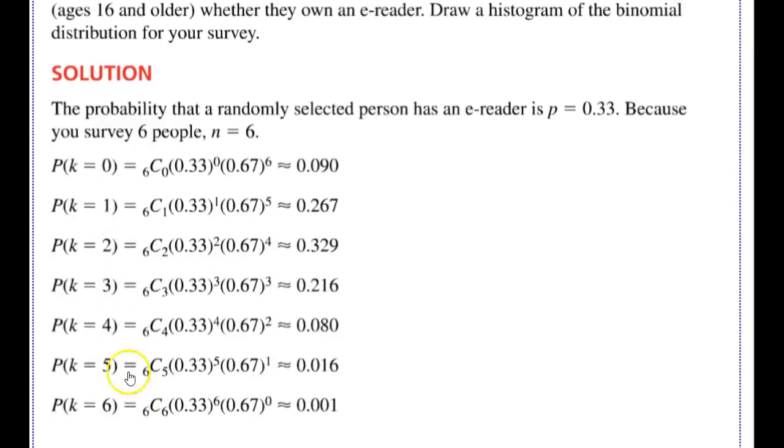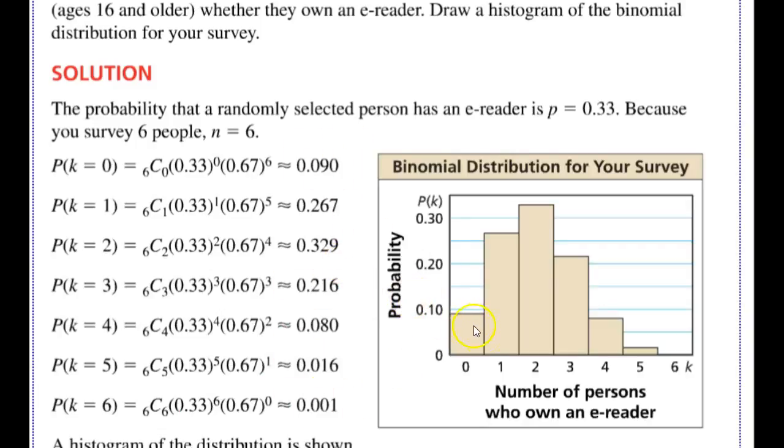Again, I'm using my combinations, and just like we were dealing with our binomial theorem, this first exponent goes up 1 every time and is the same as my k value. This second exponent decreases and is 6 minus my k value. Now that I have all of my probabilities, I can draw my histogram.